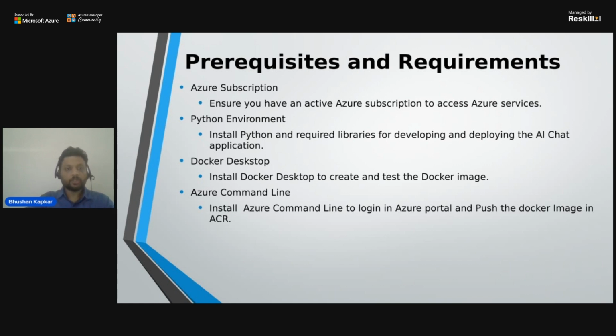You should have Python installed on your local system, so that when you start working on your localhost, you are able to test it. You also need Docker Desktop, because once we create the local app, we have to create a Docker image build for it and make sure it is up and running on our local system, so that when it runs on the web, it does not face any issue.